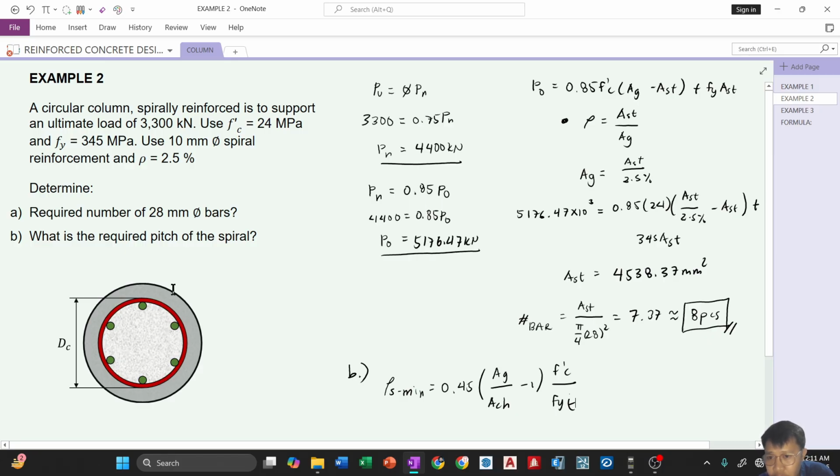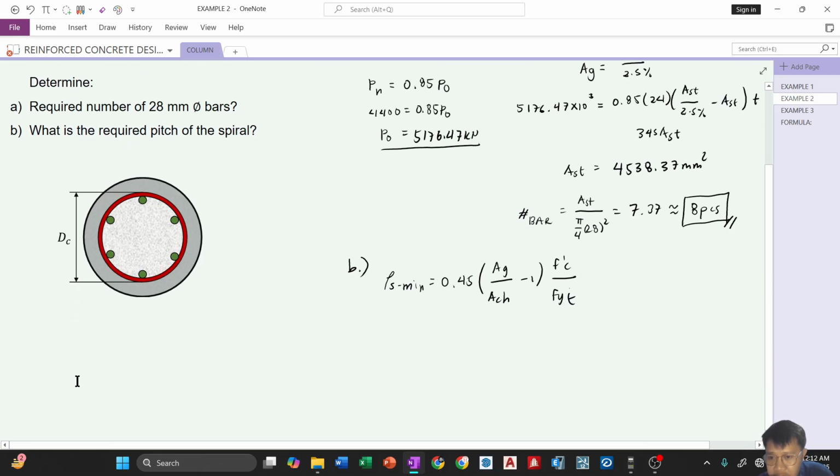Okay, so given here our diameter of the concrete, ito yung outside natin, tapos ito yung red dito, this is our tie, no, or the spiral reinforcement. Okay, and we have here clear cover actually, so the value of DC is the diameter of the core. The diameter of the core here is actually the diameter of the column less 2 concrete cover.